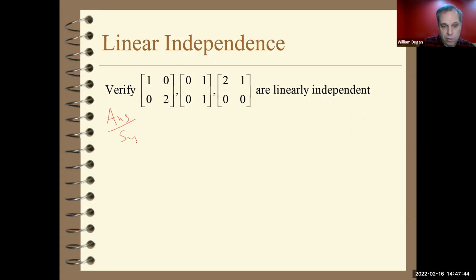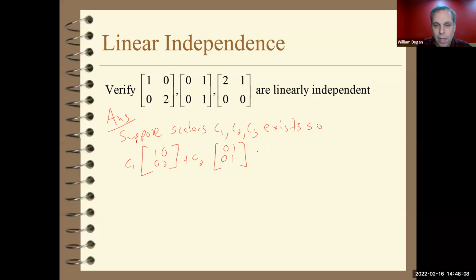Let's suppose that there are scalars C1, C2, C3 that exist, so that C1 times this matrix 1, 0, 0, 2, plus C2 times this matrix 0, 1, 0, 1, plus C3 times 2, 1, 0, 0, equals the zero matrix, because that's what zero is here.